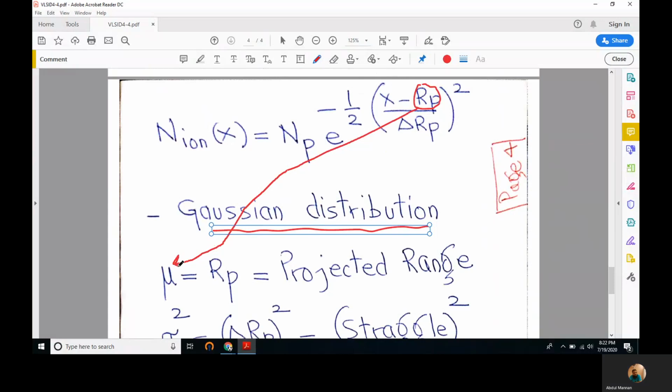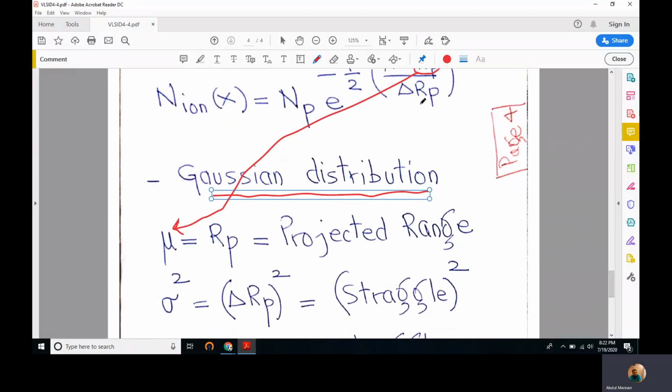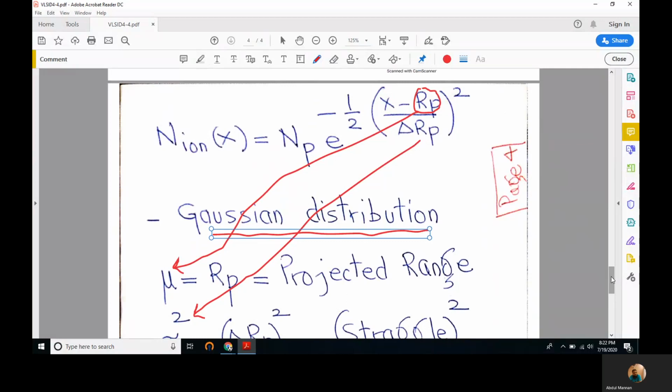We know that this number is mu, the mean, in (x minus mu) squared over sigma squared, and the number in the denominator is sigma squared, the variance. So Rp is the mean, and delta Rp is the deviation of this Gaussian distribution used to model the presence of ions along the depth of the silicon wafer.